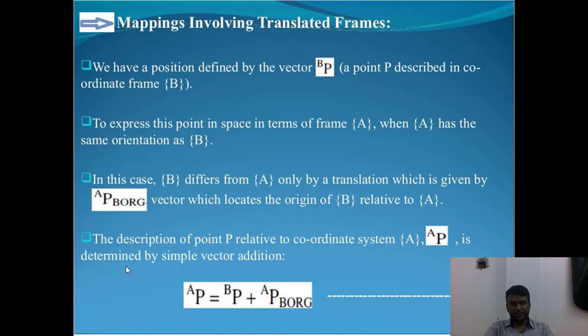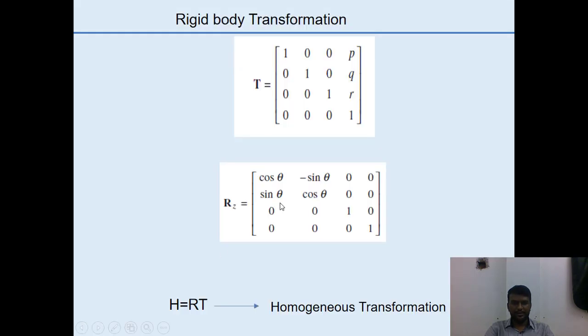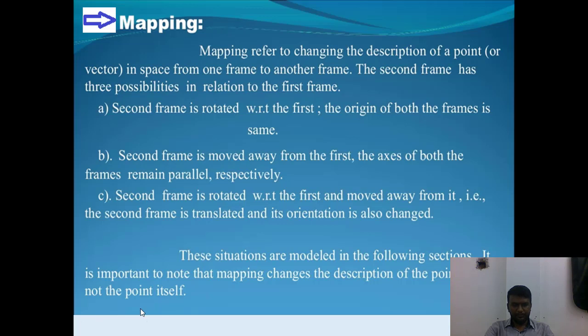Now we have seen the rotation matrix, the translation matrix, and what a homogeneous transformation is. Again we come back to this point at the end of this mapping.